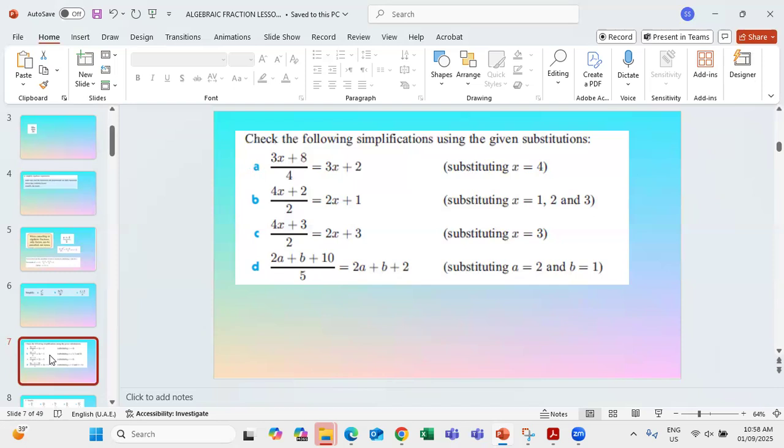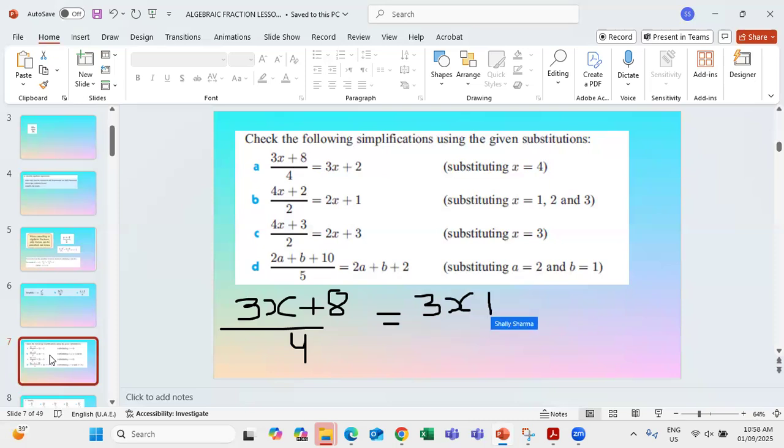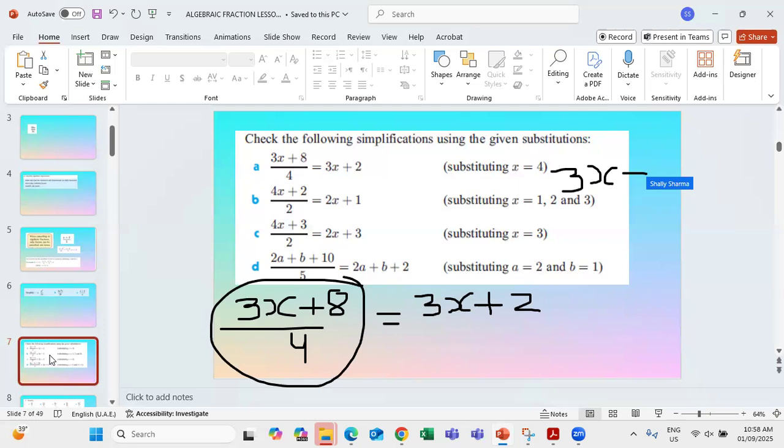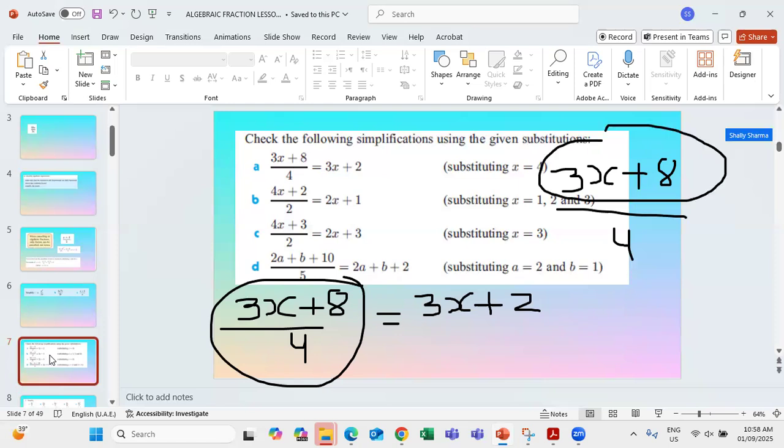So now the first part is 3x plus 8 over 4. They are asking us to check whether 3x plus 2 is the simplified version of 3x plus 8 by 4 or not. First of all, I just look at the factors. The numerator has one factor, which is 3x plus 8, because there is no multiplication sign, and the denominator has one factor, 4. The first factor, on the top, is made up of two terms.